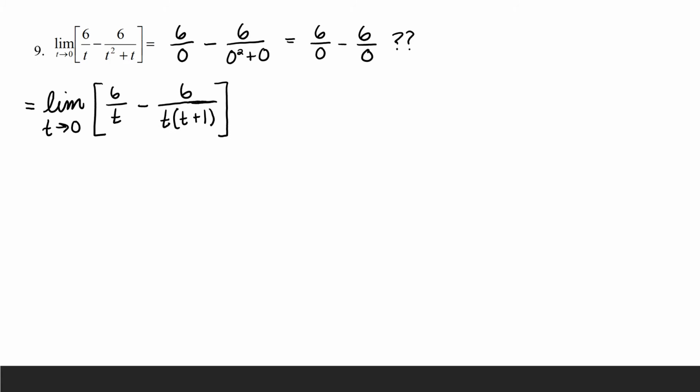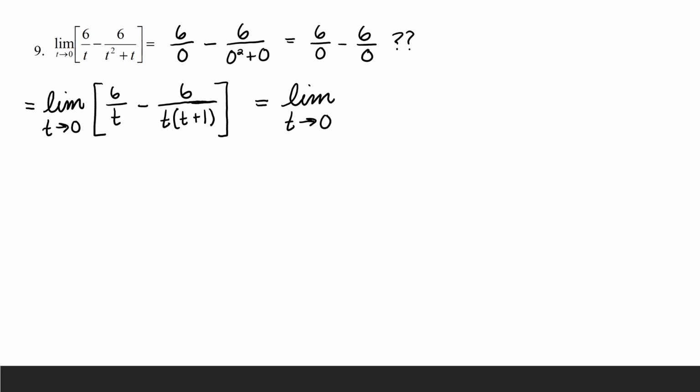And now I can combine these rational expressions. When I look at these, I see that they both have a t in the denominator. But my first rational expression is missing a t plus 1, so I'm going to multiply that by t plus 1 over t plus 1.